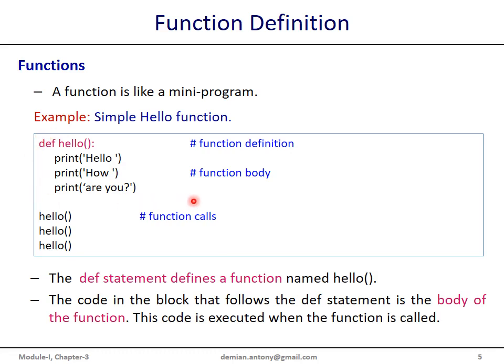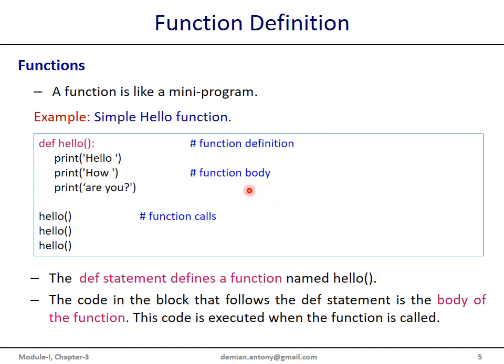Here we have two segments. This is a program. The program has got two segments. This is the main program and this is a function. As I said, a function is a self-contained program segment.